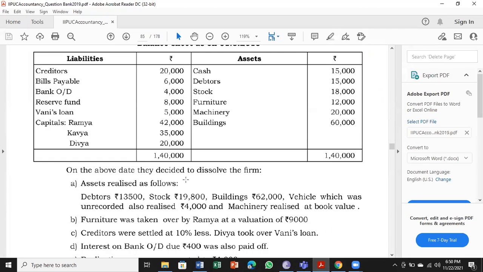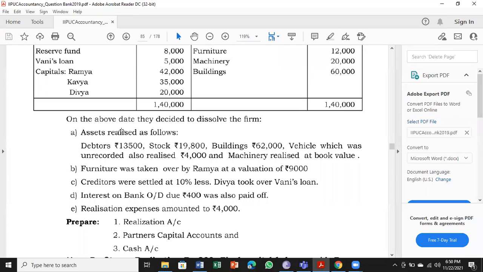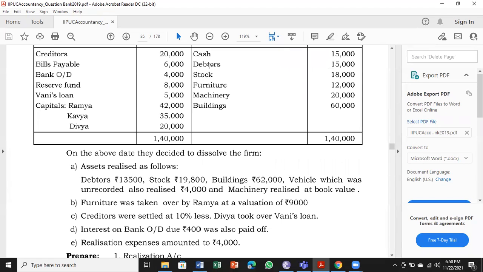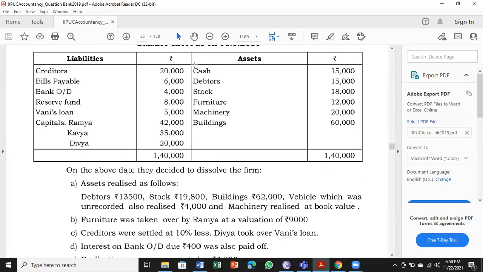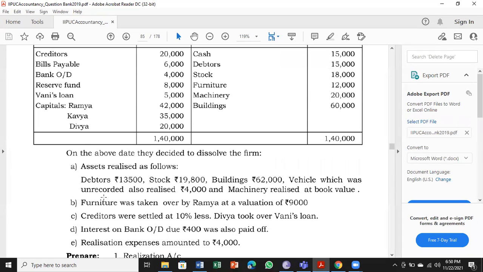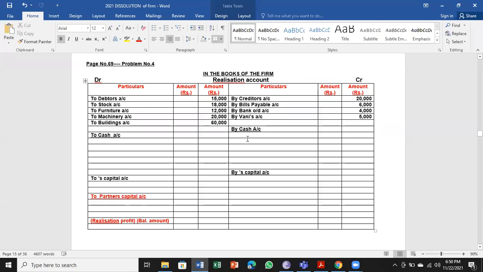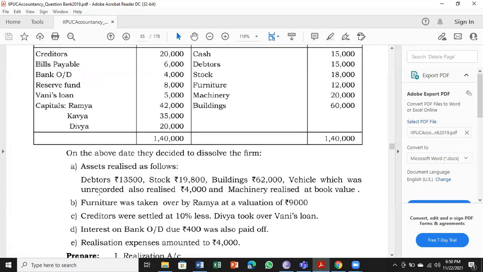Now I'll move on to the adjustments or information. Assets realized as follows. Remember, on the asset side we have cash. So these assets were sold and money was received by the business. So it is going to be by cash account. Cash is coming in. Realization account is credit. So we have to write the amounts therein.